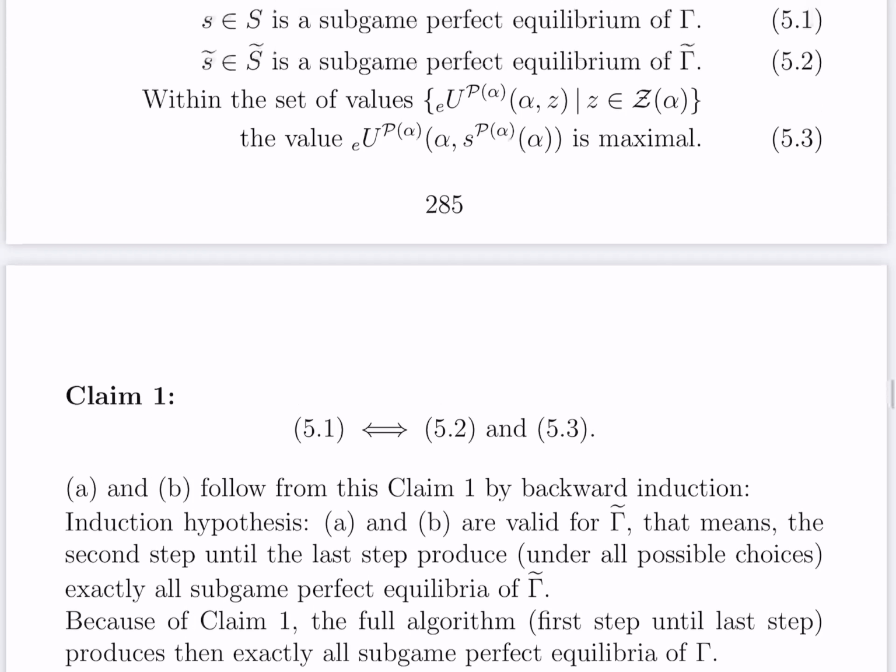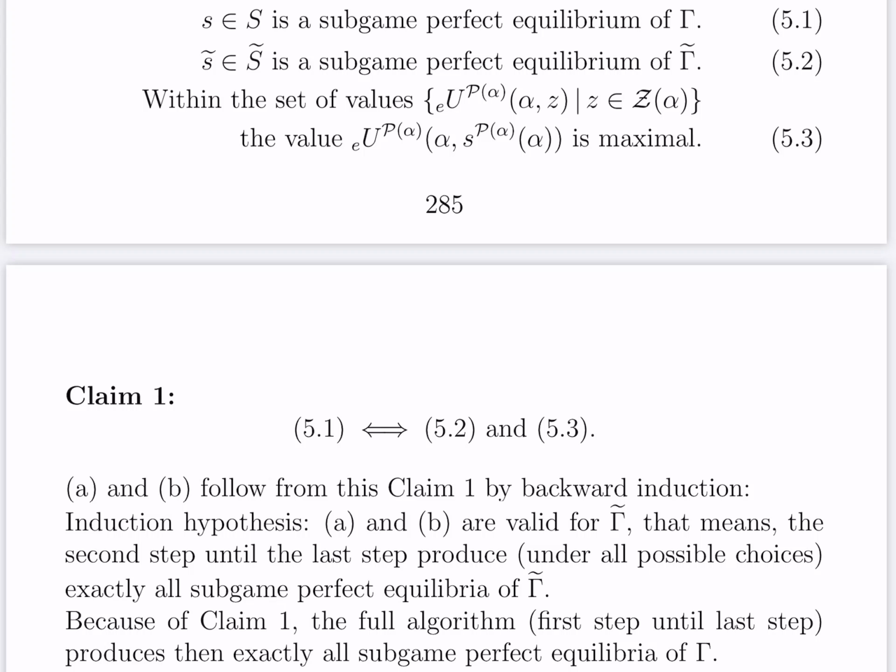So it is a subgame perfect equilibrium of gamma. So this gives part A. And vice versa, if we have some subgame perfect equilibrium of the full game in part B of the theorem, then it satisfies 5.1, and then S tilde satisfies 5.2, and the induced move after alpha satisfies 5.3.